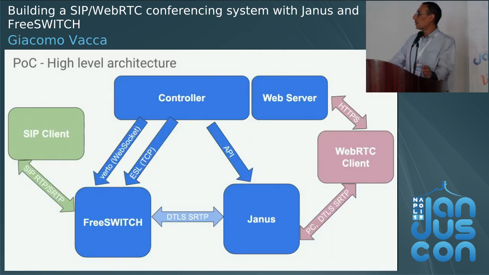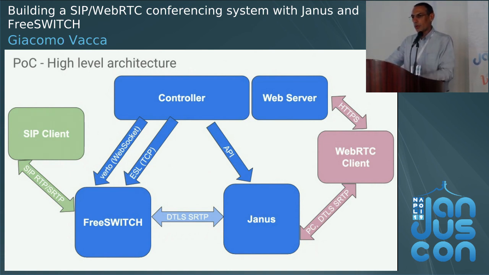So the drawings are a little bit naive, but I was trying to privilege visibility rather than precision. But anyway, the main concept is that I developed a small controller application in Node.js, and its role is to connect to FreeSWITCH and to Janus, and to orchestrate the conferencing scenario.